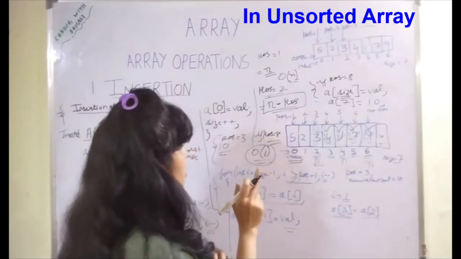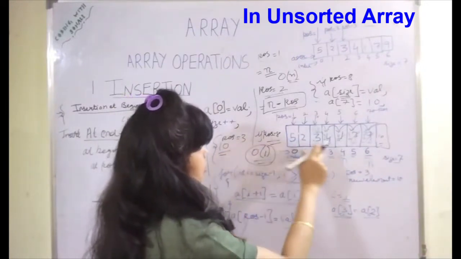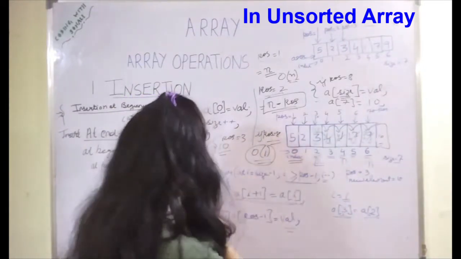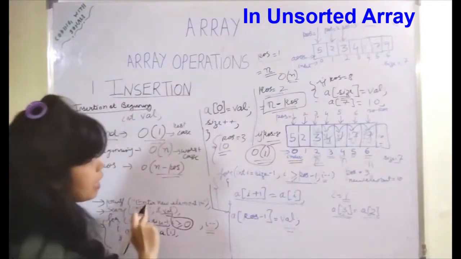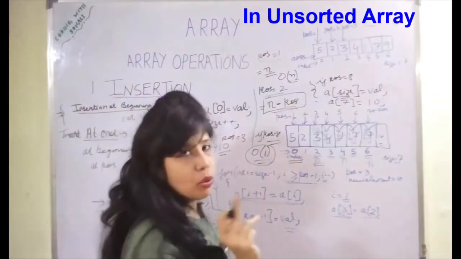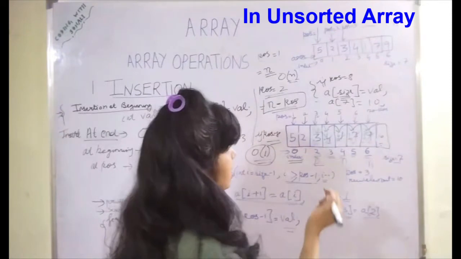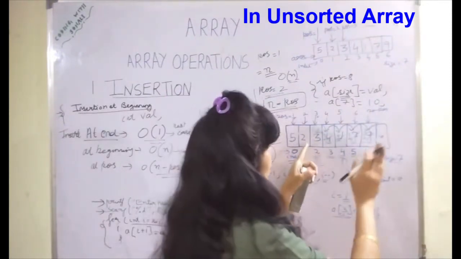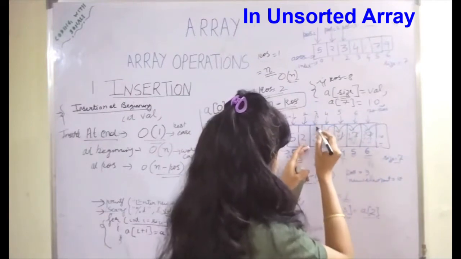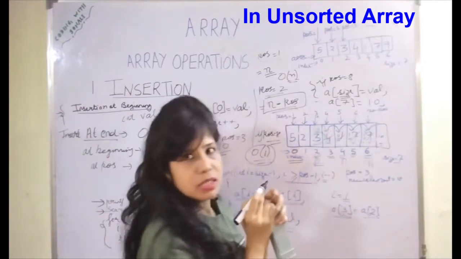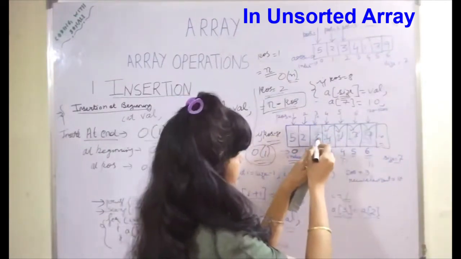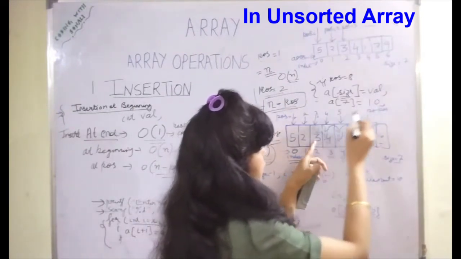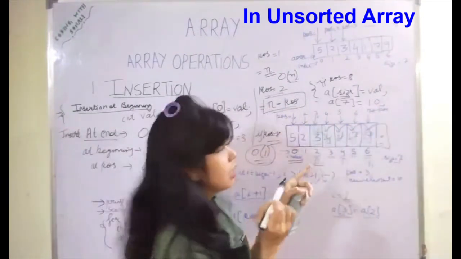Now instead of using this for loop to shift all these elements onto the right side, what you can do is, at this position 3, whatever value is present, here we are having 3, simply store this 3 at the end of the array.